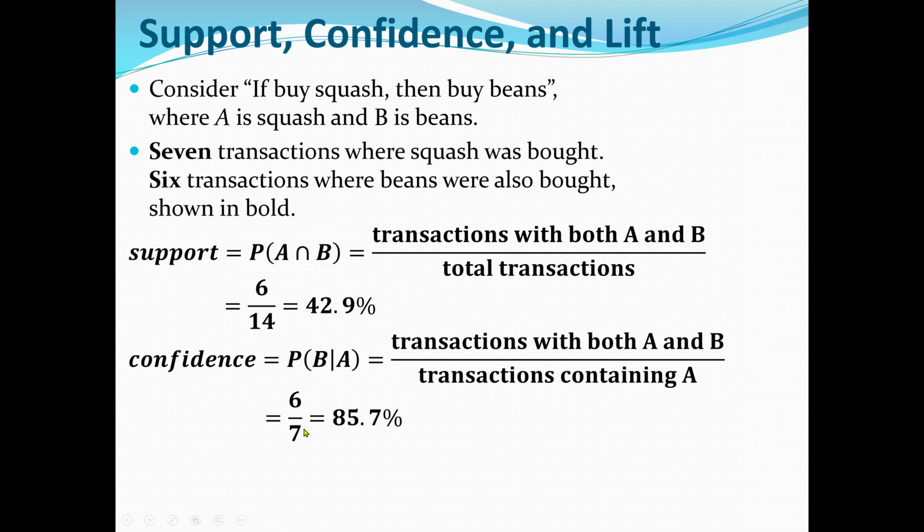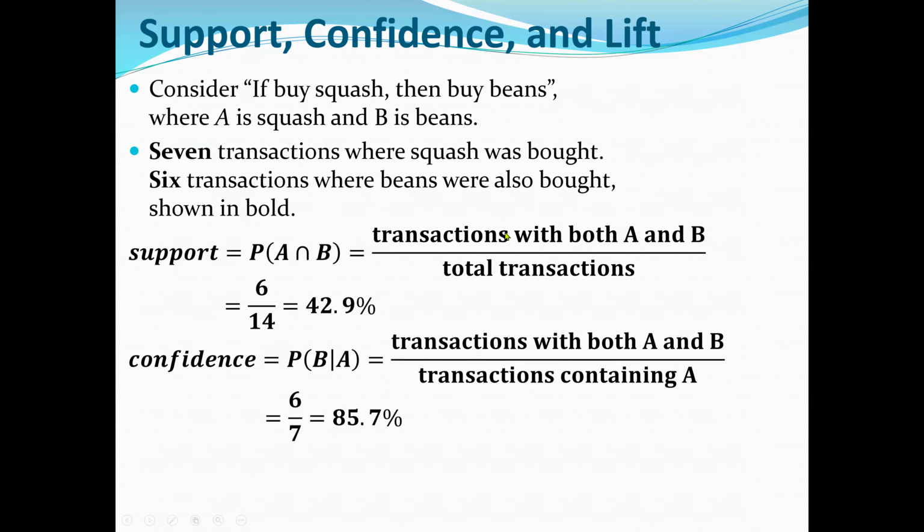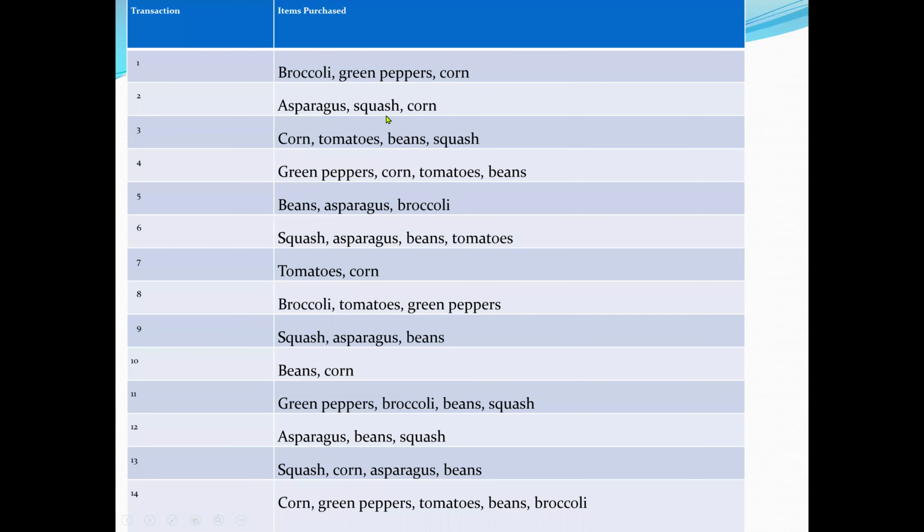So let's say we have 7 squash, let's go back. So we have 1 customer number 2, 2 customer number 3, 3 customer number 6, 4 customer number 9, 5 customer number 11, 6 customer number 12, and 7 customer number 13.